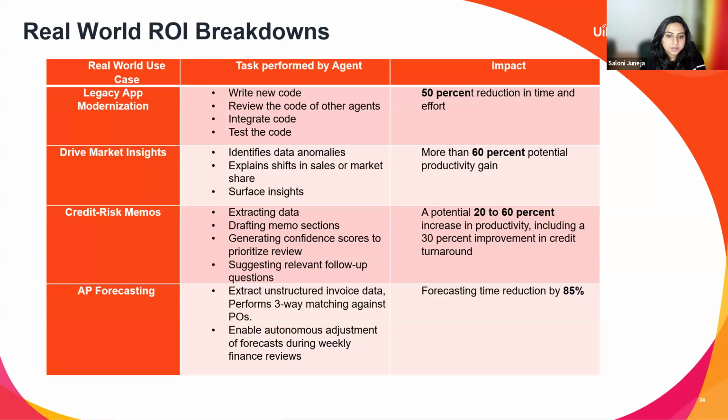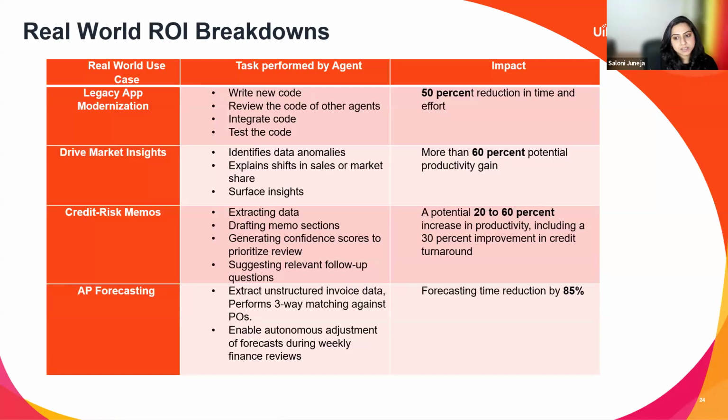So, there are a lot of people who perform digital market research, and there are multi agents that are actually doing this now by identifying data anomalies in the market, and they look at the shifts in the sales and market share for different organizations. So this is a real example which has been implemented by an organization.